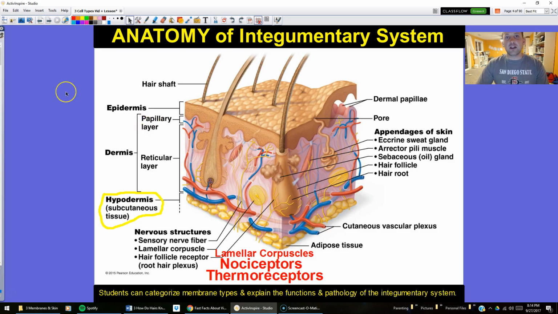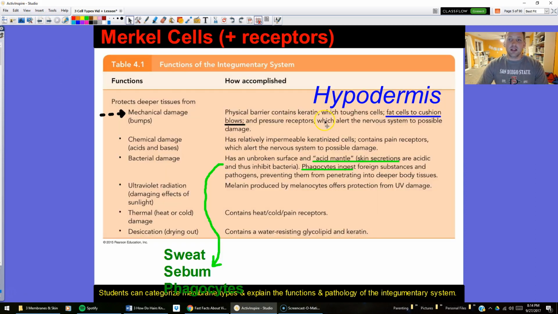So first off, if I had to go back in time, I would tie another layer of the integumentary system to a function. So the hypodermis, hypo meaning under, hypodermis is the lowest layer, the deepest layer of your integumentary system. It has a function. Its function is to cushion blows, so it prevents mechanical damage.